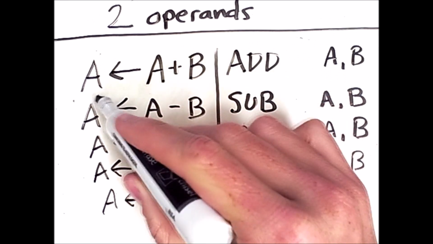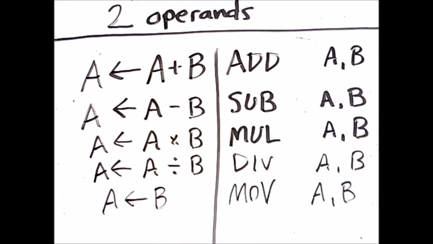Despite overriding one of the source operands, these 2 operand instructions are still fairly easy for a human to use in programs. However, it is also possible to have an entire instruction set where all of these operations consist of only 1 operand. However, perhaps it is more accurate to say that there is going to be 1 explicit operand and then another implicit operand.